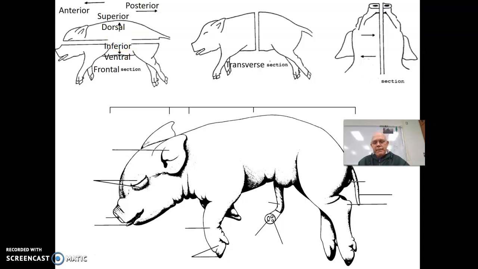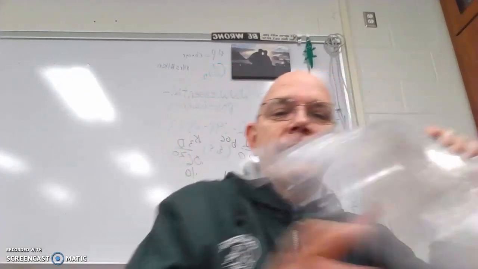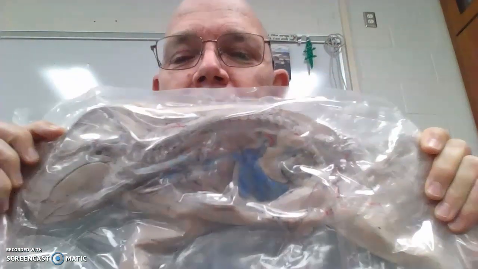All right, and then in the final here, we have this one. First of all, if you slice the pig right down the middle, the type of section that would be a sagittal section. Okay, for example, I have one here. If I can make it big enough, you can see. All right, and there we go. This is a pig.